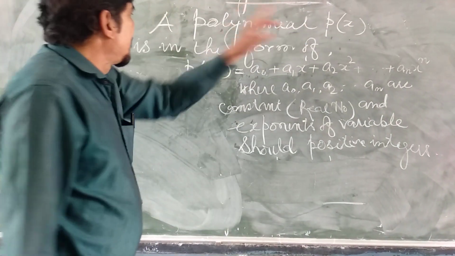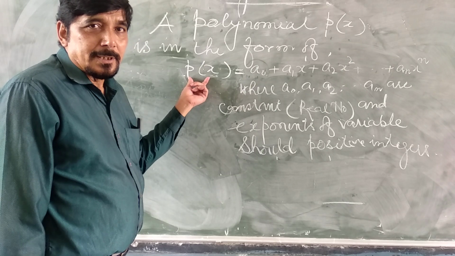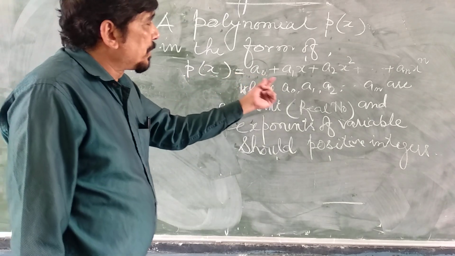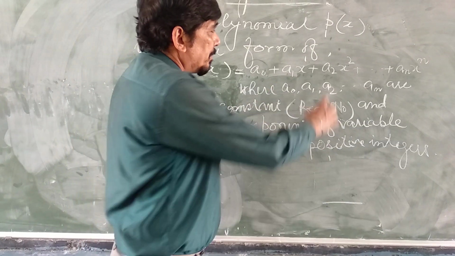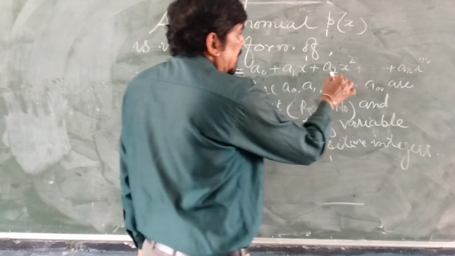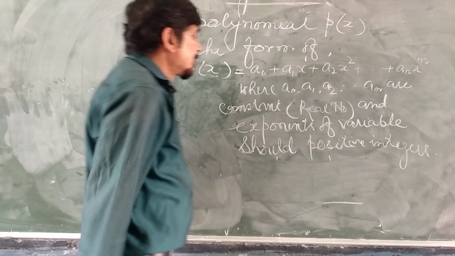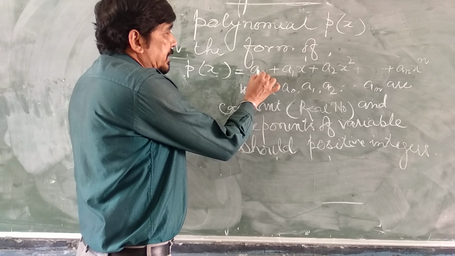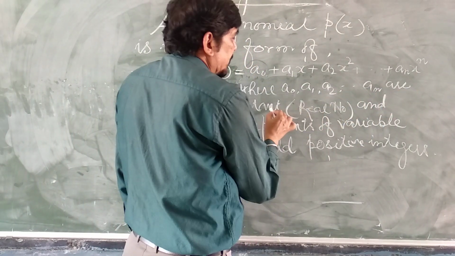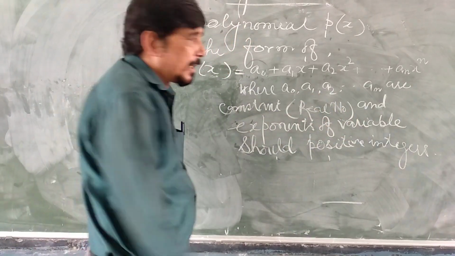So a polynomial P(x) is written as a0 plus a1x plus a2x square plus and so on up to a_n x to the power n, where a0, a1, a2 and so on are constants. Constant means real numbers.